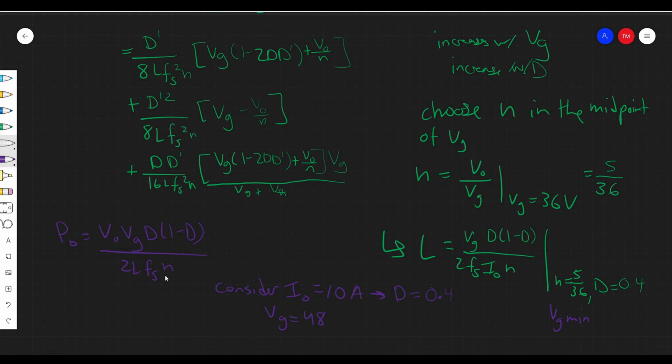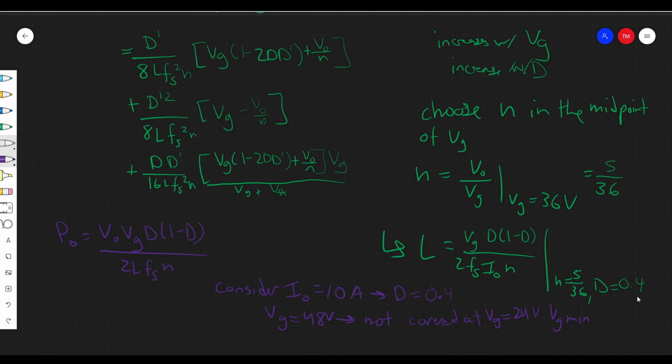We have to change something else. Maybe we would decrease Fsw, but in this case we don't want to. So if we design it at Vg equals 48 volts, we're not covered at Vg equals 24. We wouldn't be able to send the required power if Vg decreased to 24 volts, because the output power is proportional to the input voltage.